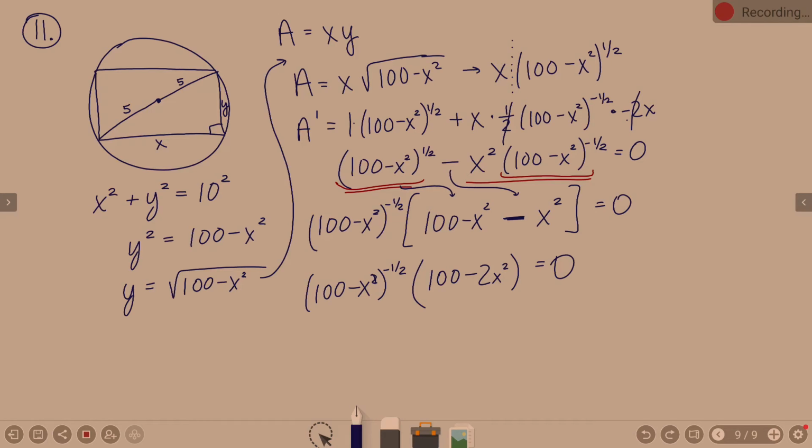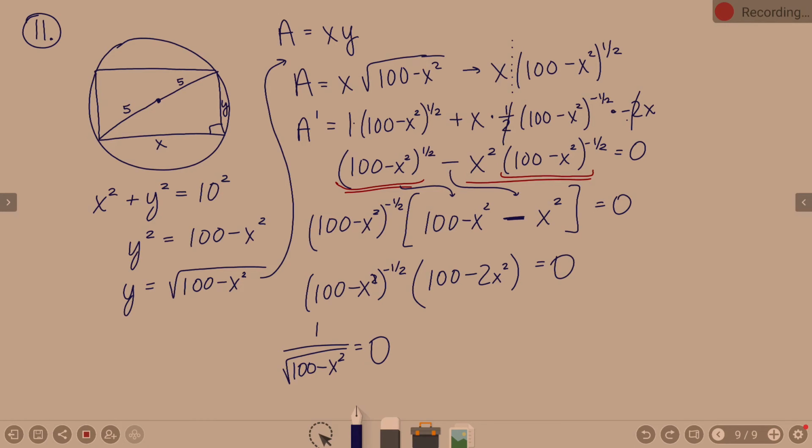The idea here is you set each part equal to 0, right? Trying to find our critical points, we set each part equal to 0. Now, did I even set the one? I say probably because I was just trying to squeeze everything in small. I mean, officially you set everything equal to 0. When you set this one equal to 0, realize it's 1 over the square root of 100 minus x squared equals 0, right? Because that's what negative 1/2 is, isn't it? It's a square root in the denominator.